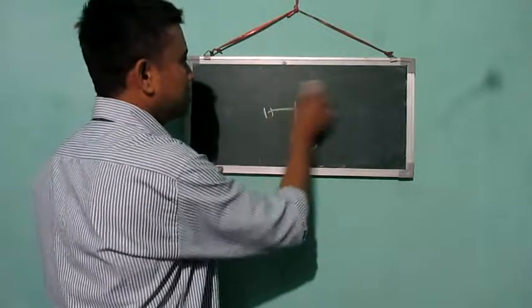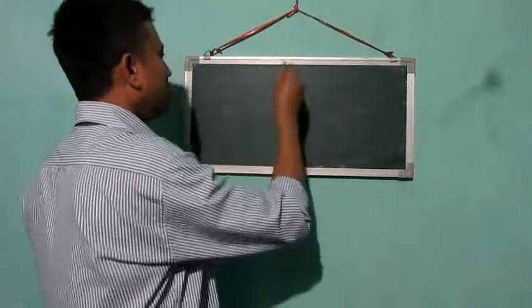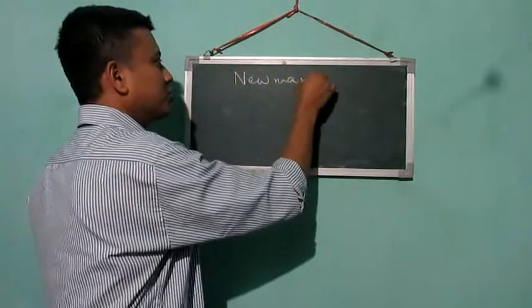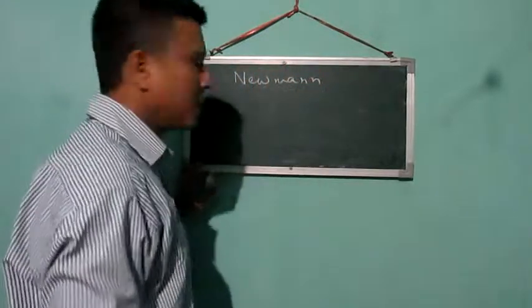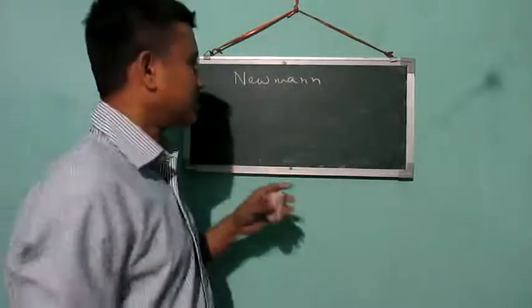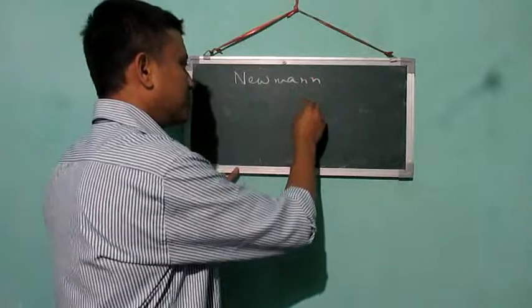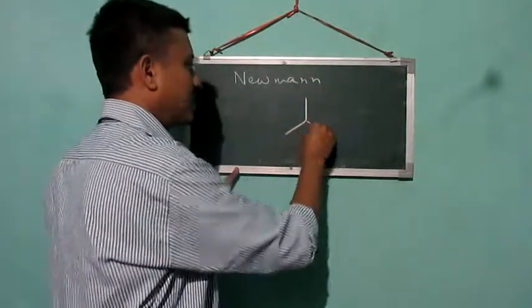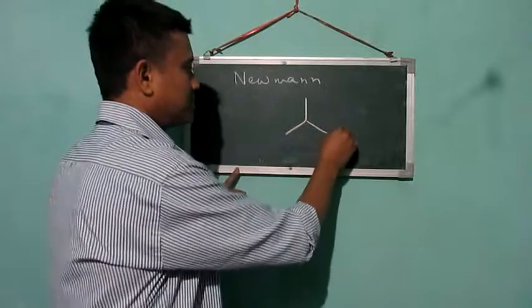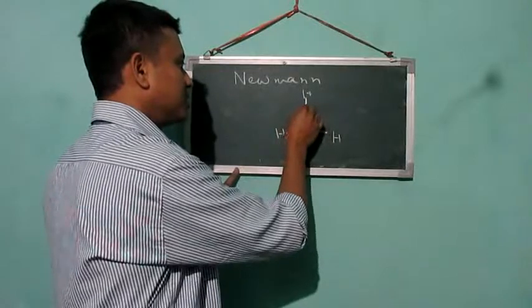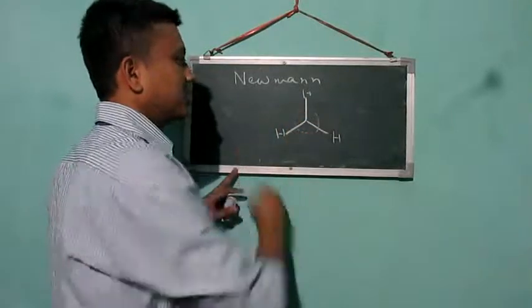Next one is Newman projection formula. In this formula, if we have two carbons, then we can write down the structure in this way. Suppose I write down the first carbon where three other groups are there, suppose these three are hydrogens, and the second carbon is written like a circle.